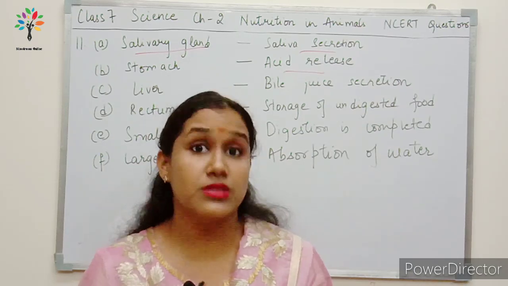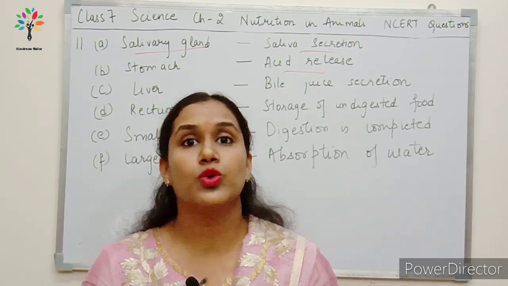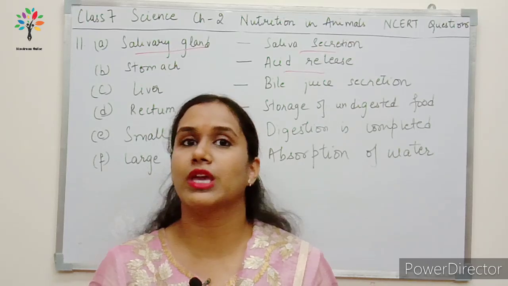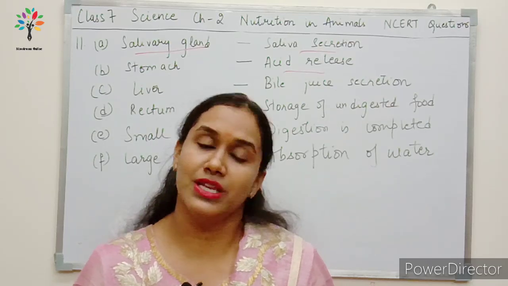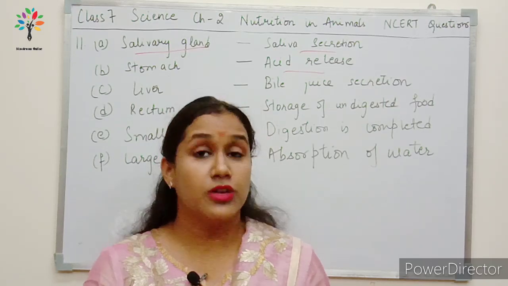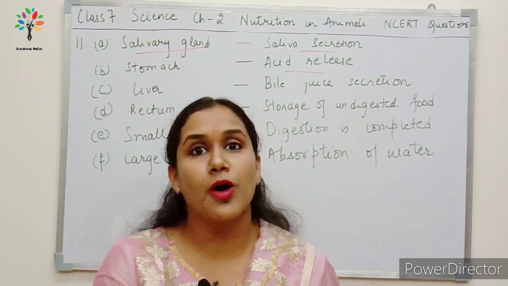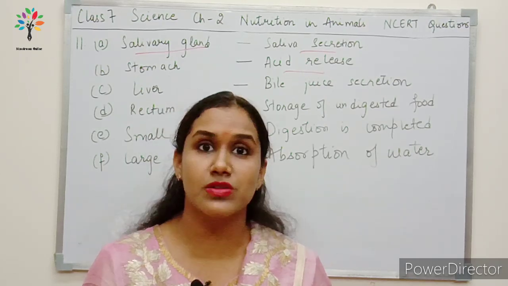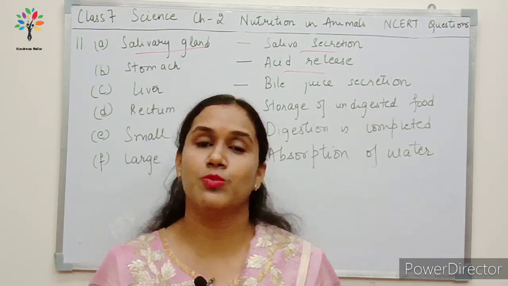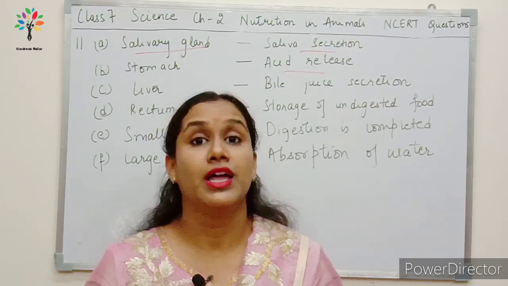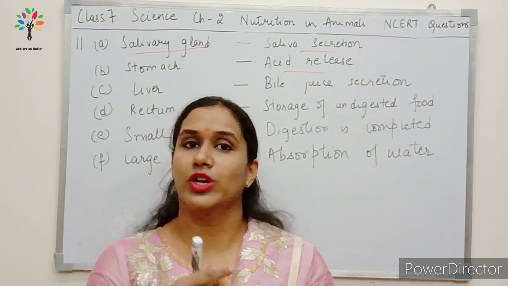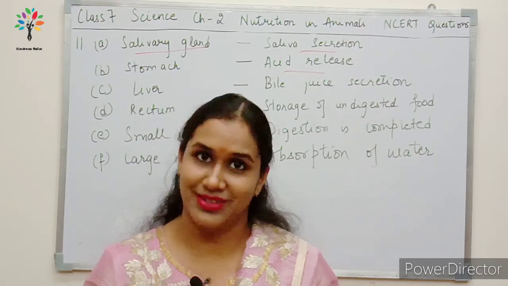Second point, this is because the cellulose breaking bacteria is not present in human beings, so we cannot get the complete nutrition. The third point, the other components of food like proteins, fats, vitamins and minerals are also required by the human body, which are not present in leafy vegetables and grasses, so it will not be a balanced diet.